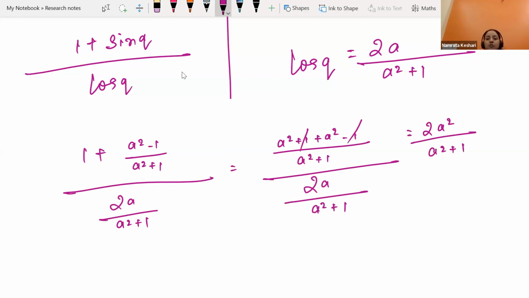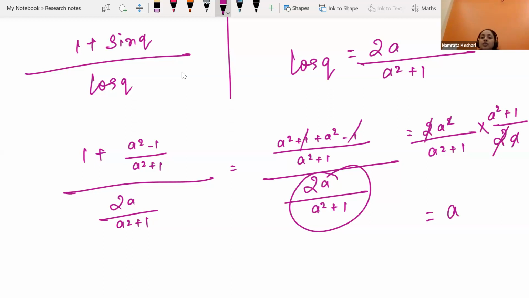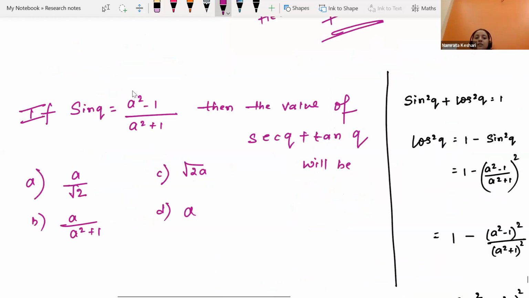Into this denominator we can just write the reciprocal, this is a square plus 1 by 2a. 2 gone, a with a gone. Be careful, we are left with one a over this and this gone. So we are getting only a. Yes, option D is the correct option.